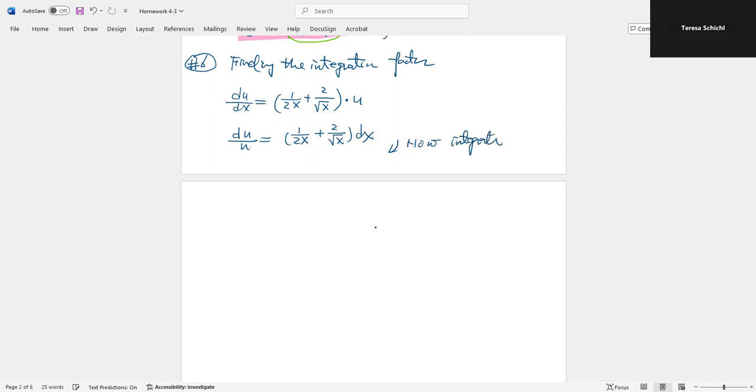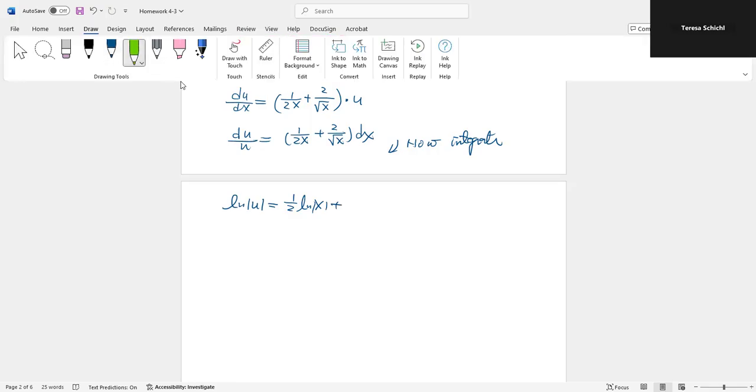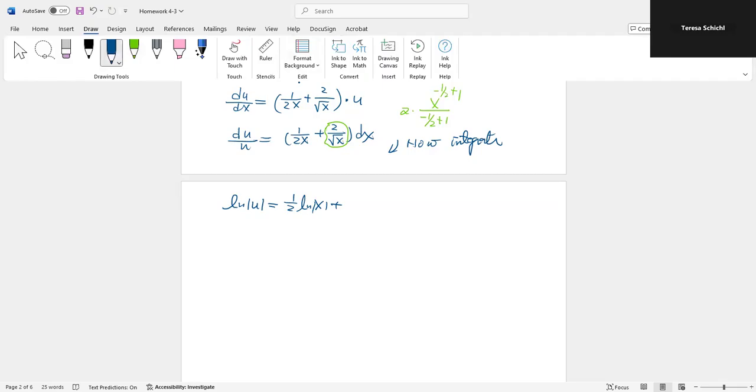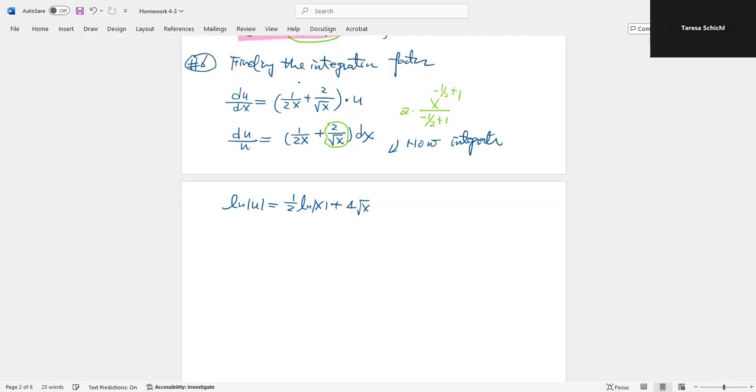So I have ln u is equal to 1/2 ln x, and then plus, you use the power rule, so it's 2 times x to negative 1/2 plus 1, so it turns out this will give you 4 square roots of x.